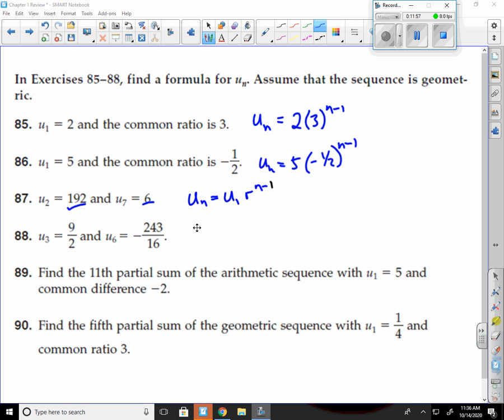So I can start with my u sub 7, which is 6, equals u sub 2, which is 192, times r to the, and now I do 7 minus 2. So that's going to give me r to the 5th.